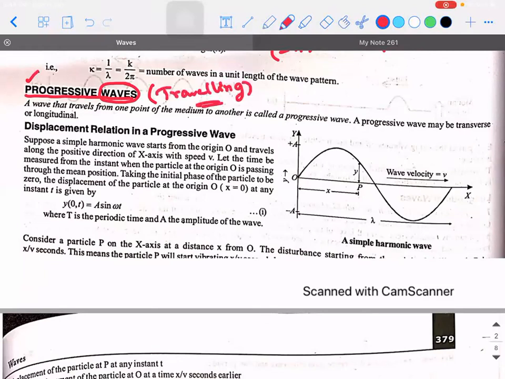So some books give the name traveling wave to this progressive wave also. A wave that travels from one point of the medium to another is called a progressive wave. A progressive wave may be transverse or longitudinal. That is not our concern. Whether the wave is traveling in the form of a transverse or a longitudinal one, if it is traveling, then it is called a progressive wave.